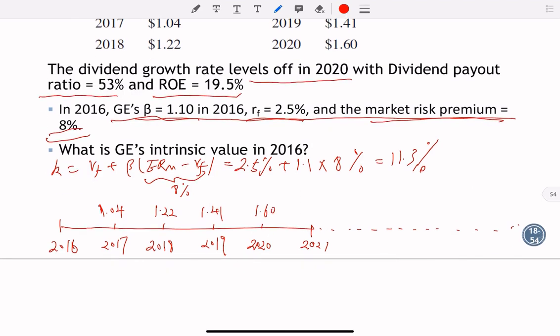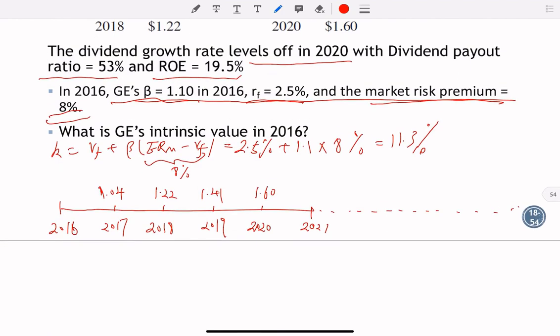Now let's first calculate P2020, that is GE stock's intrinsic value in year 2020. Why do this calculation?